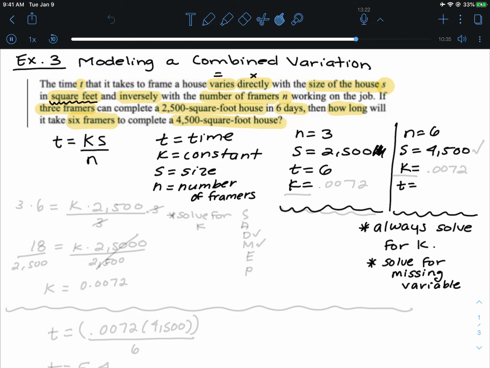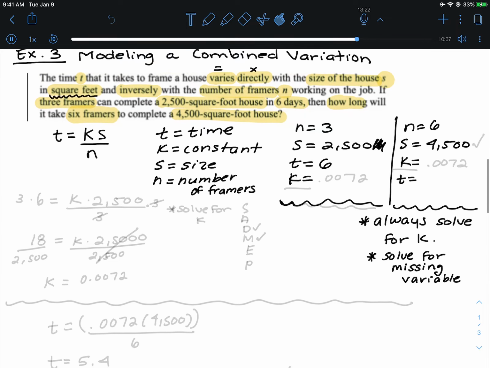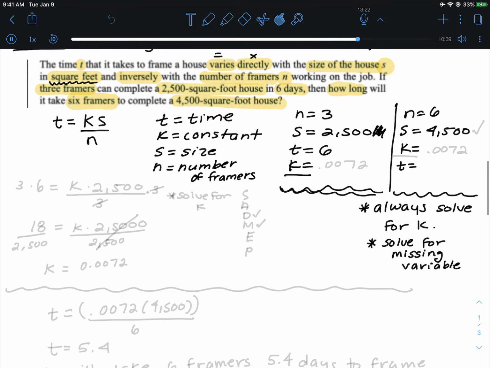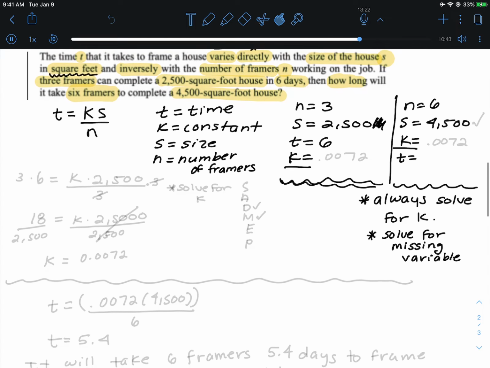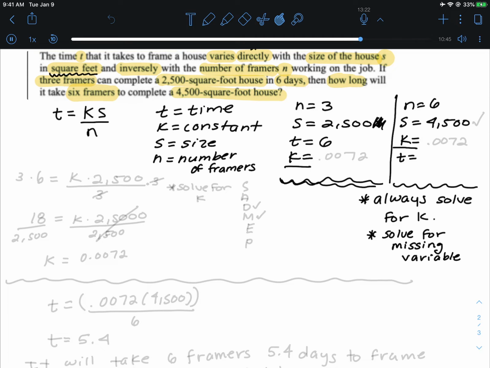Okay, I'm going to use the first piece of information to solve for k. Once we solve for k, we'll know what this is here, and then we can solve for t. So I'm going to plug it in. So t is 6. That equals k times s, and s is 2,500 divided by n, which is 3.